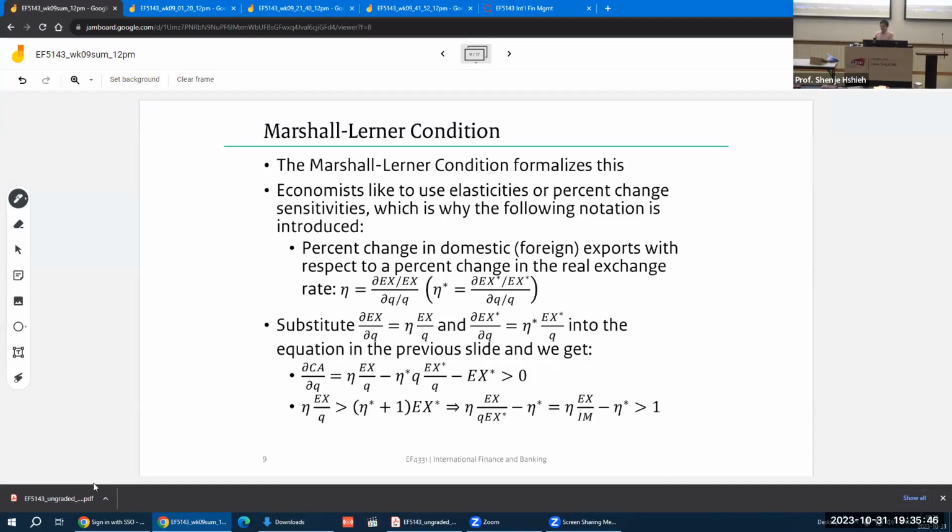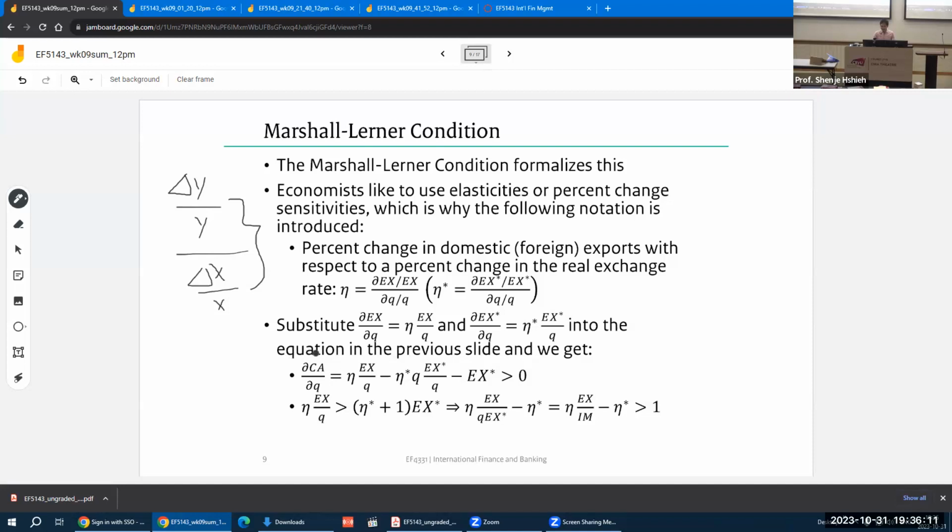That means the change in y over y divided by the change in x over x. The elasticity of y with respect to x just means the percent change in y when there's a percent change in x. Economists love to use these to characterize relationships, and that's what we're going to do.